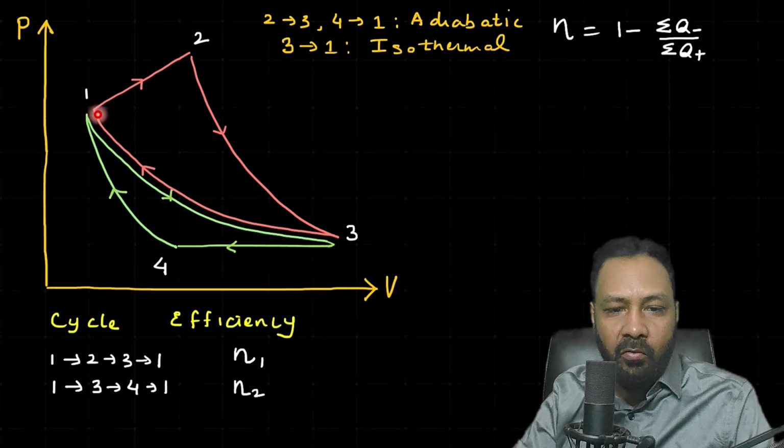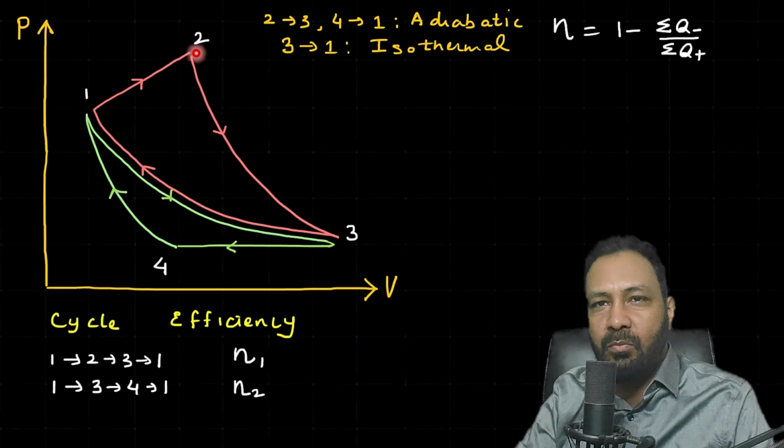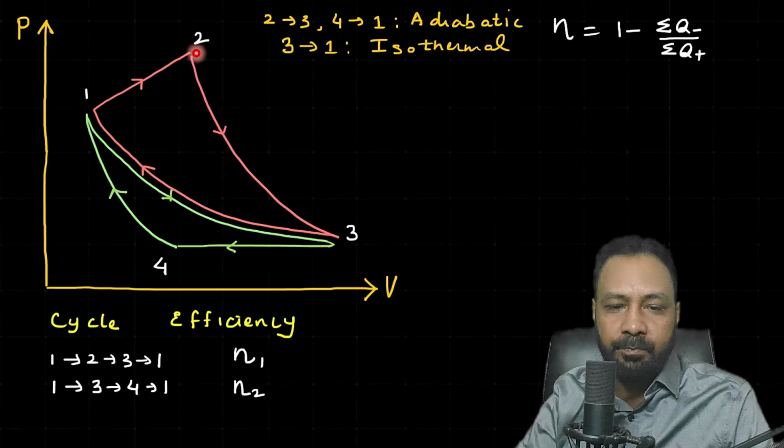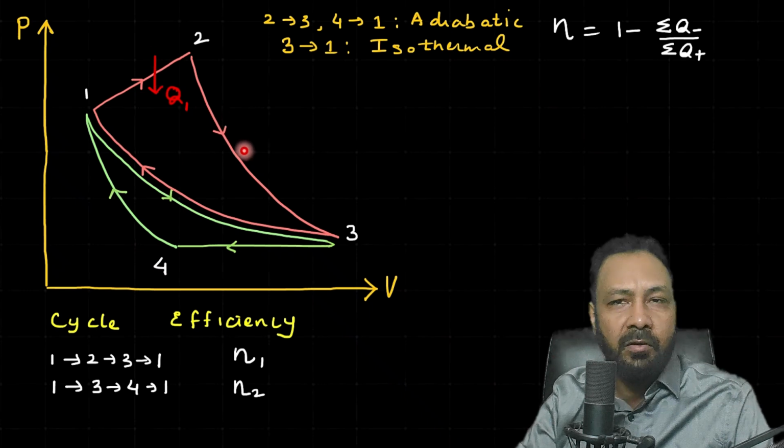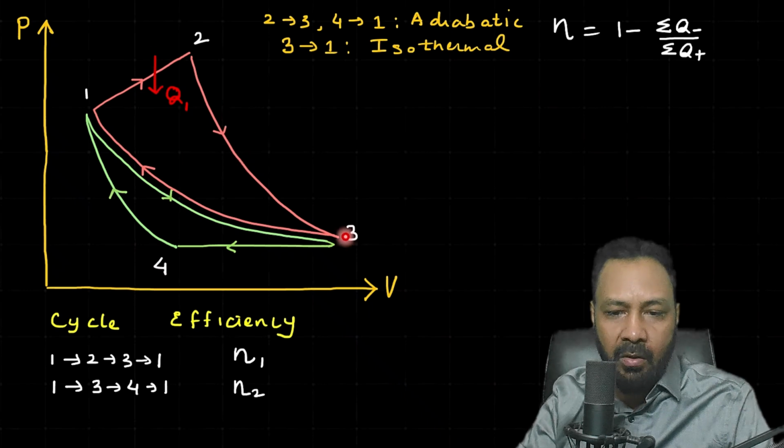So from 1 to 2, temperature increases, which means delta U is positive, and obviously volume has increased, so work done is also positive. So in this part Q is positive, meaning heat is entered into the system, and suppose that entered heat is Q1. In this part, no heat enters or leaves, Q is 0.